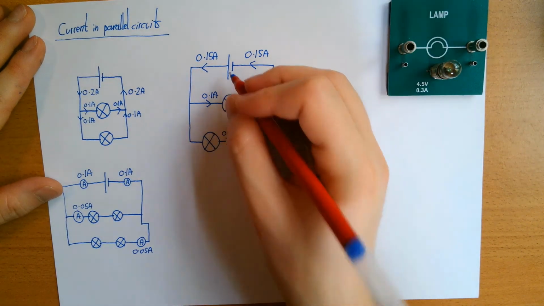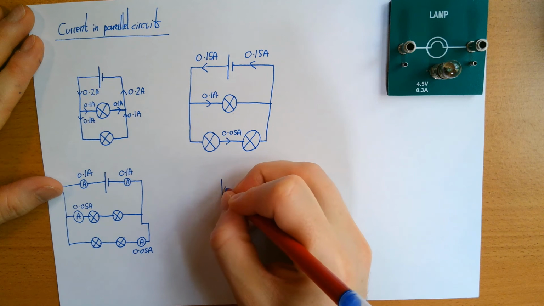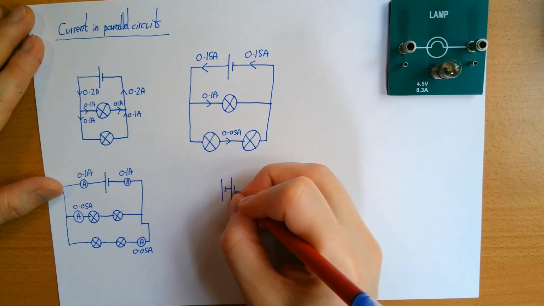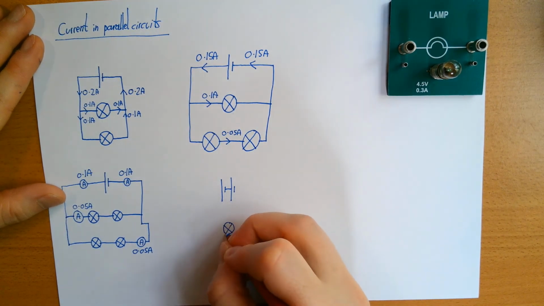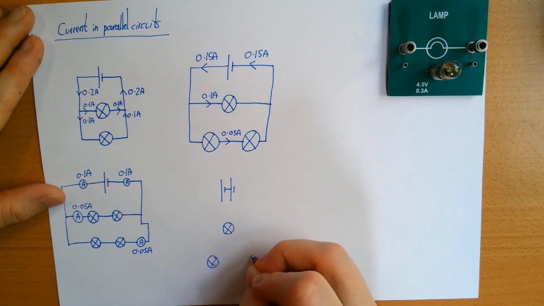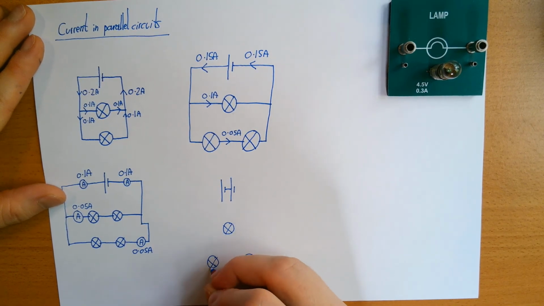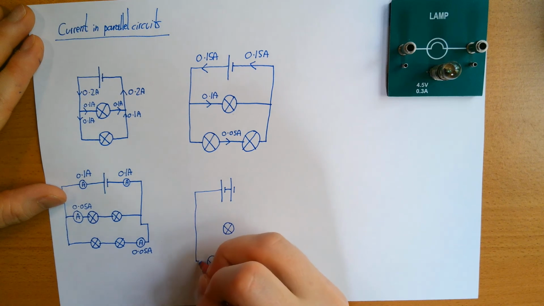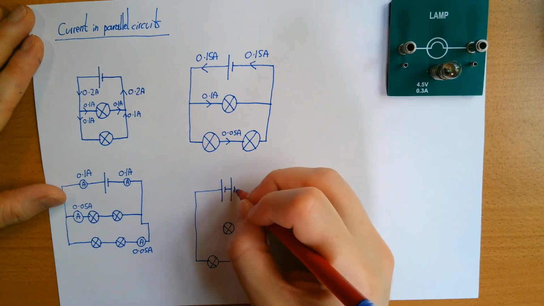So, let's look at two new scenarios. One, I'm going to double the number of cells here. I'm going to use the same bulb here, the same two bulbs here. Sorry, going a little bit too quick. Not neat, apologise for that.